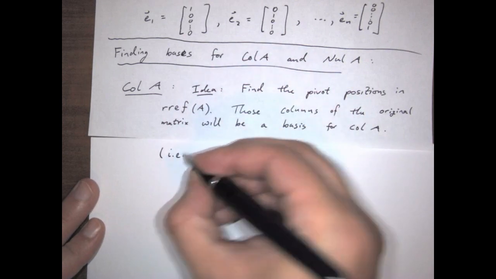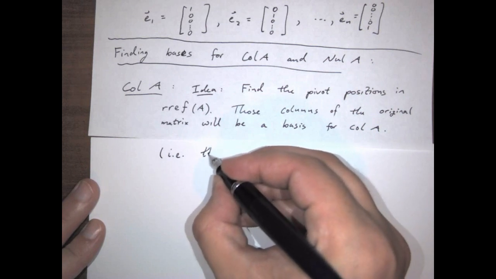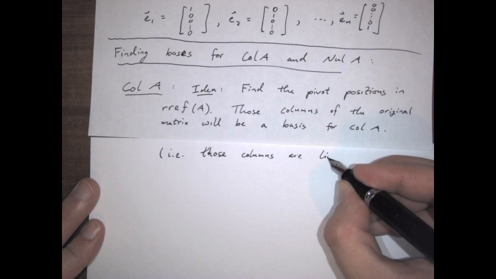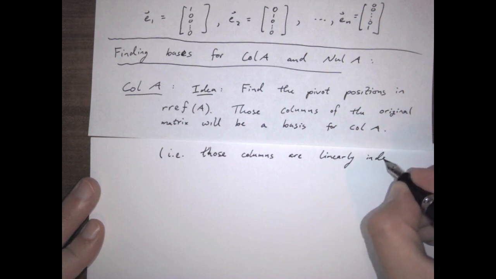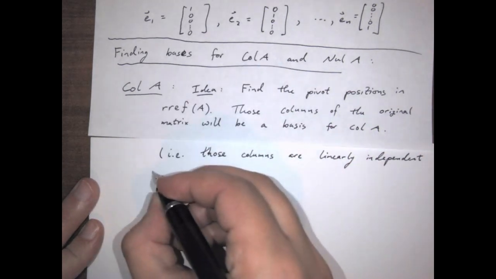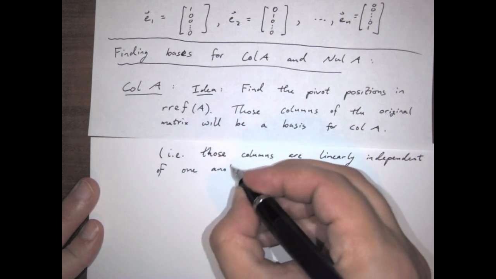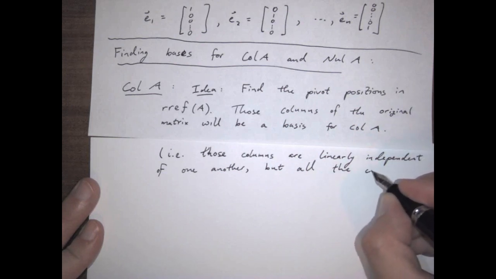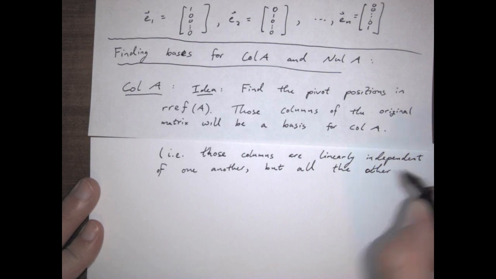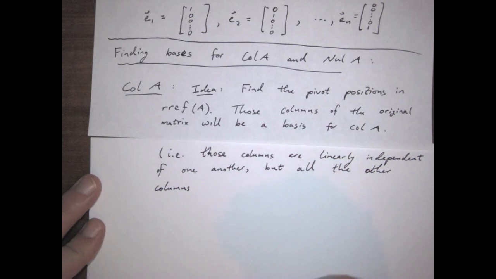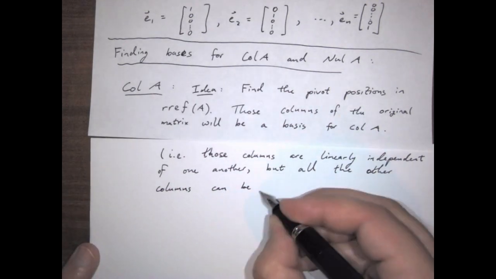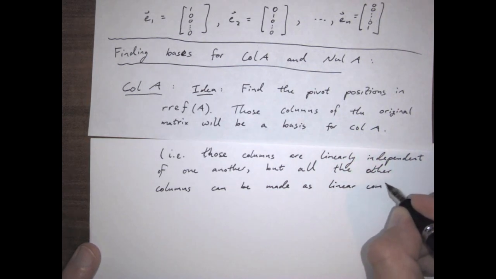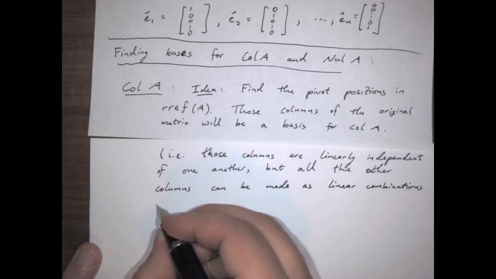So, i.e., those columns are linearly independent of one another, but all the other columns can be made as linear combinations of those.